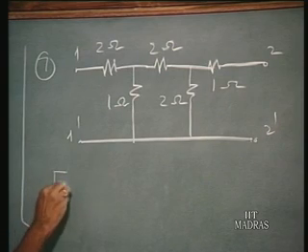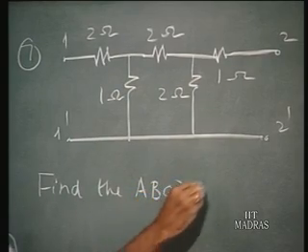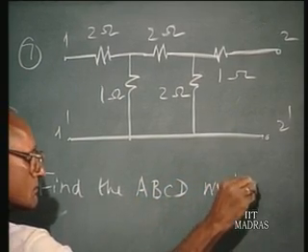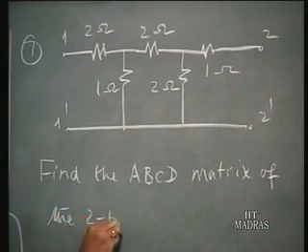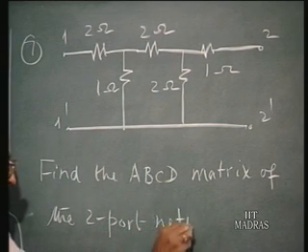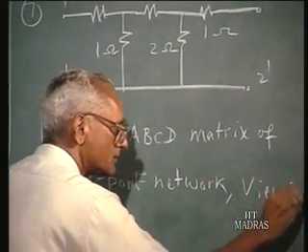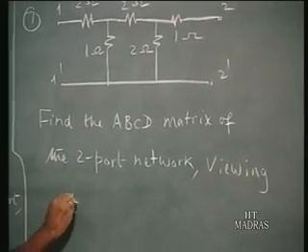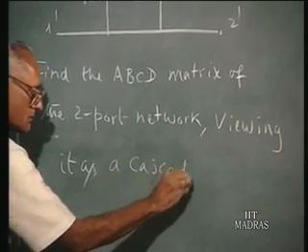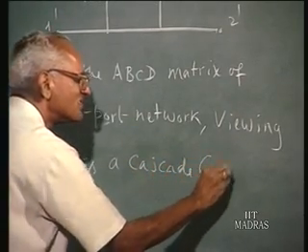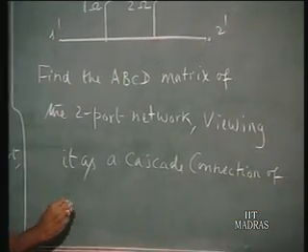Find the ABCD matrix of the 2-port network viewing it as a cascade connection of simpler networks.